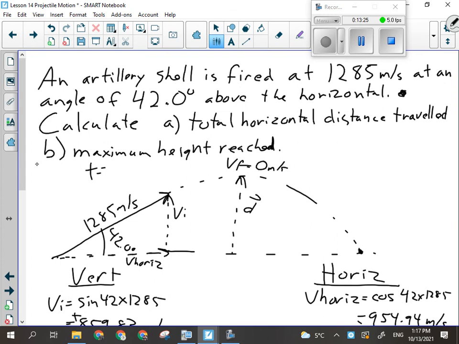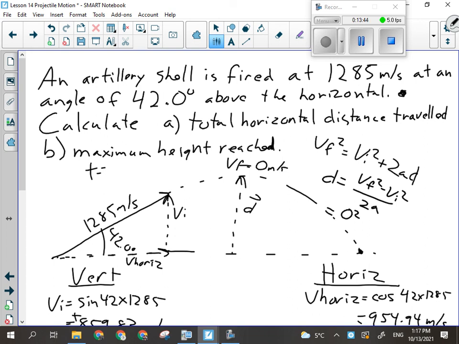Now, 2 ways to do this. Okay, that's my preferred way to do it. It does involve a little bit of manipulation, but it's not hard. Okay, VF squared minus VI squared over 2A is my manipulation. So 0 squared minus 859 squared divided by 2 times negative 9.81.